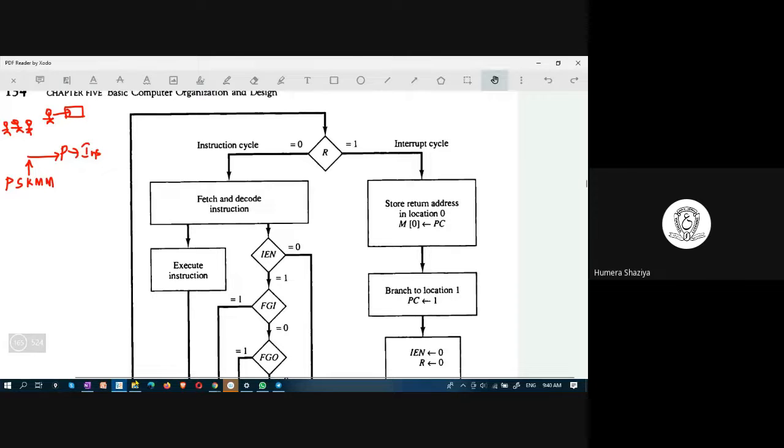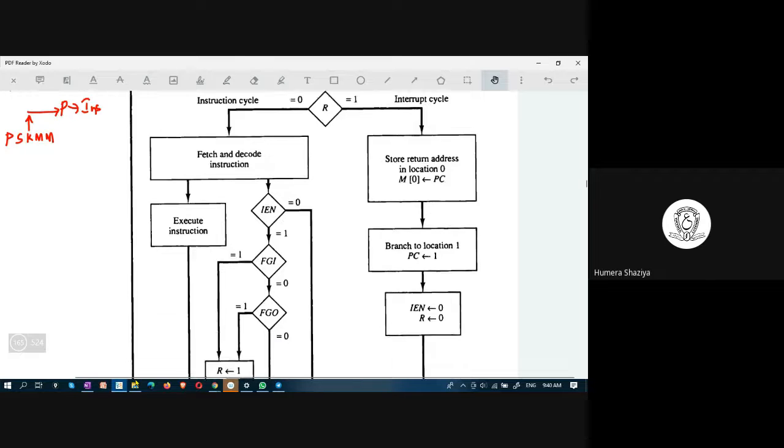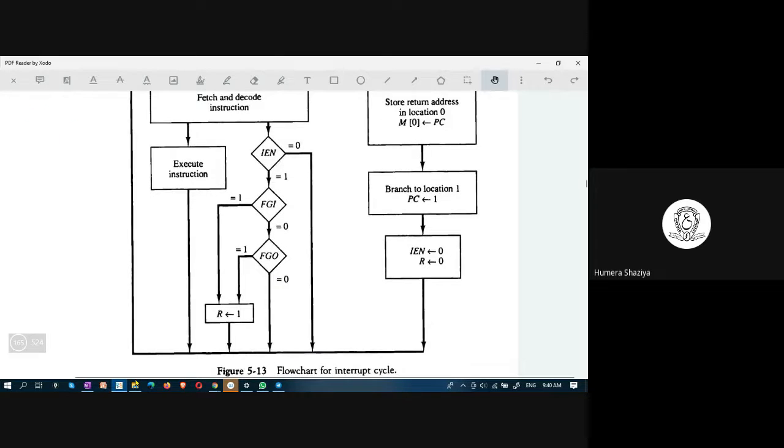In this, it has to store the return address in location 0. Memory of 0 gets the value from PC. PC stores the address of the next instruction to be executed. Next step is branch to location 1. To branch to location 1, PC is set to 1.